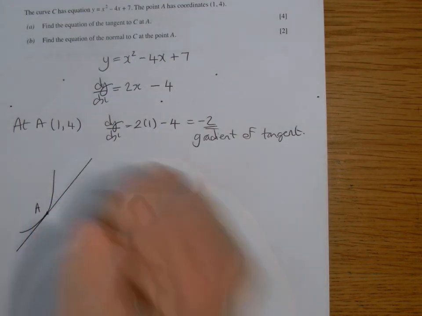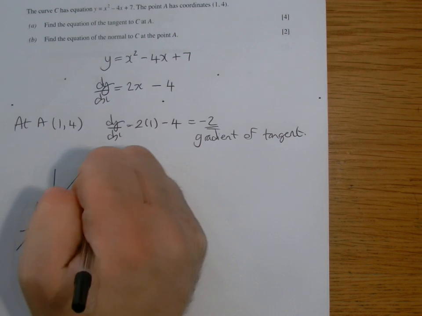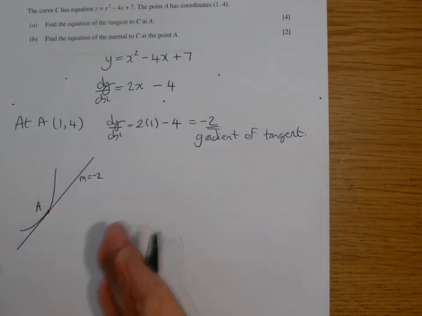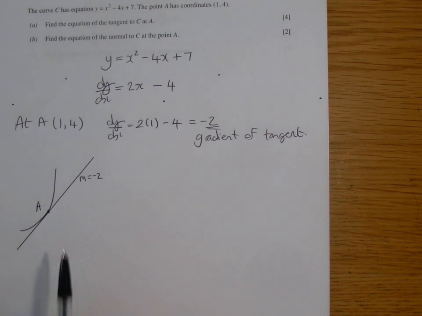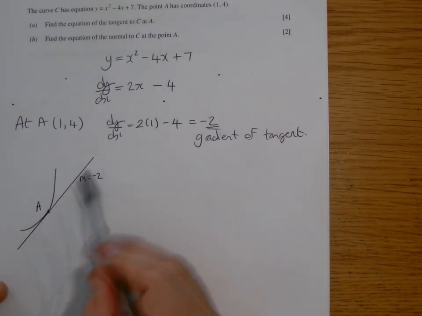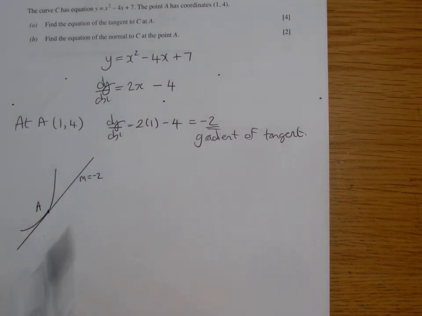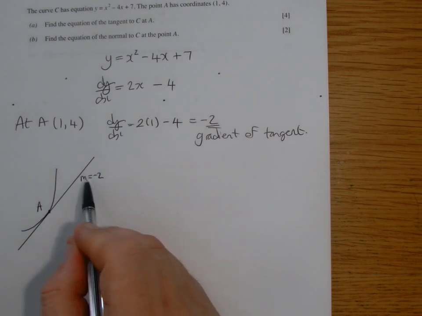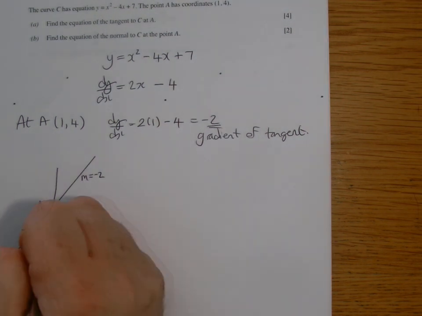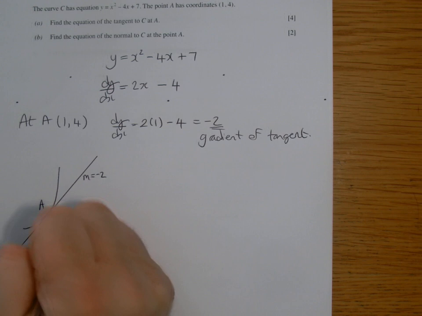So we know the gradient in this case is negative 2, okay? Obviously I haven't drawn it to scale because I've actually got a positive gradient on my sketch, haven't I? But ultimately it's a negative gradient. That doesn't matter, because it's just a sketch to remind us that we need the gradient, which is negative 2, and of course the point A, which is (1, 4).